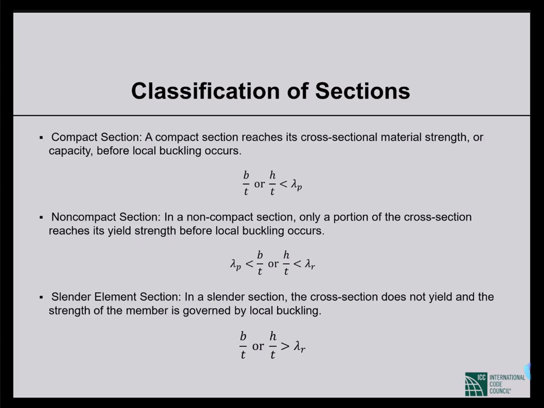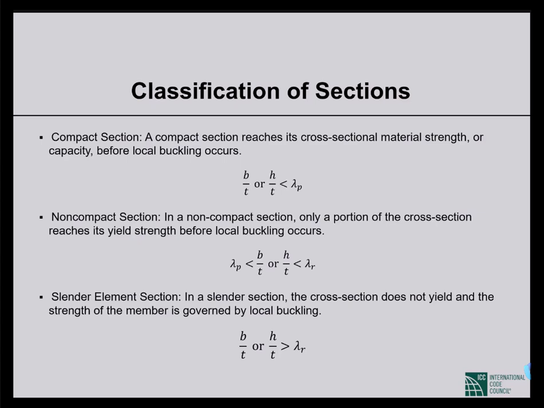Now, what does it mean? From analysis, or the way these limits are derived, we can say that compact sections, when they fail, will fail by yielding, not by local buckling. That is, since the width-thickness ratio, which is like a slenderness ratio, is so small, they're very stocky, like a stocky column.